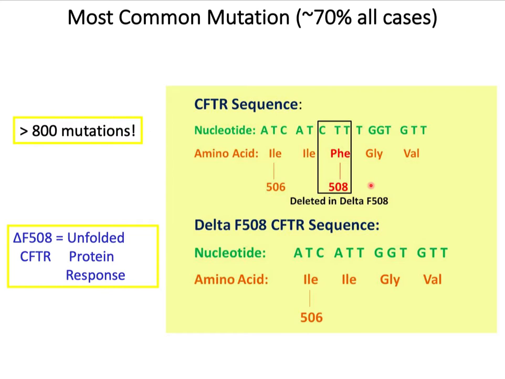When you delete the phenylalanine at position 508, you end up with misfolded CFTR while it's being synthesized in the ER, and this induces the unfolded protein response. And you will remember from our discussion on vesicle trafficking that when a protein is misfolded in the ER, it is transported into the cytosol and is degraded. So most of the individuals who have this particular mutation are missing this CFTR transporter altogether because it is degraded through the unfolded protein response.